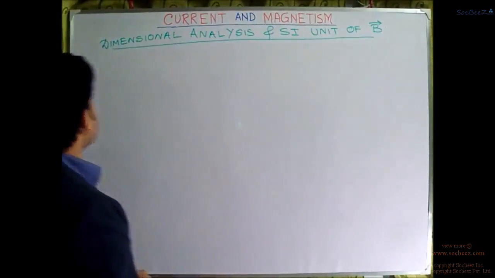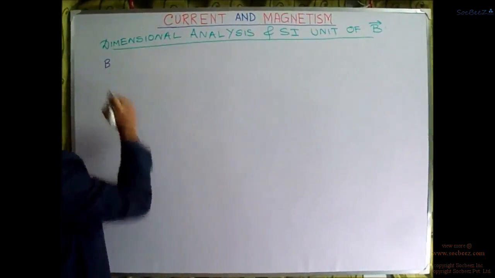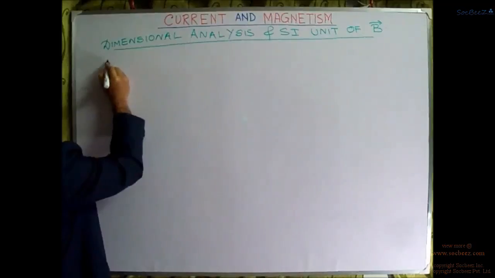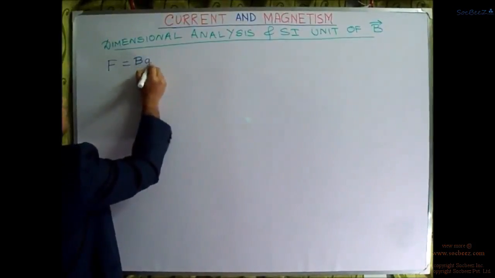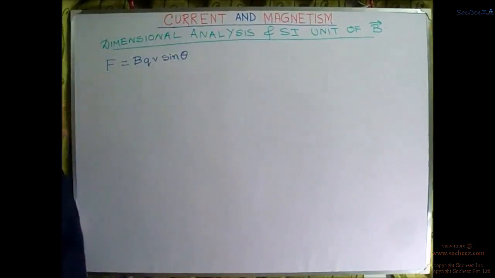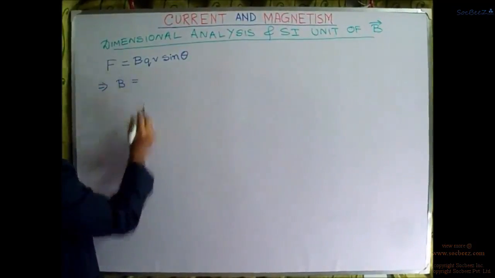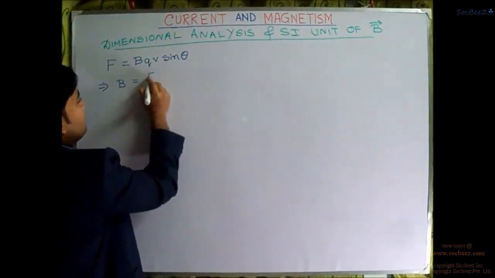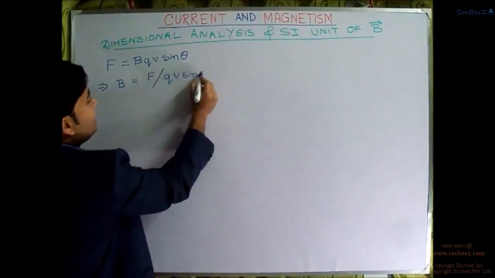As we have seen, the magnitude of the Lorentz magnetic force was F equals B Q V sine theta, or we can write the magnitude of the magnetic field as B equals F divided by Q V sine theta.